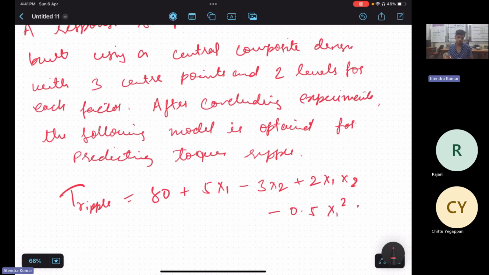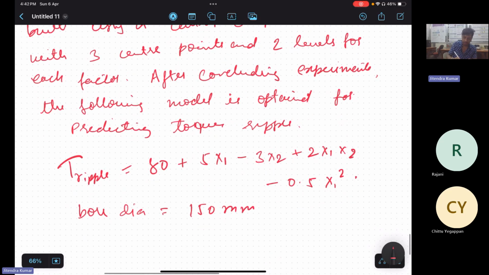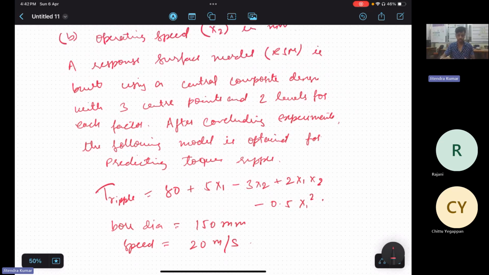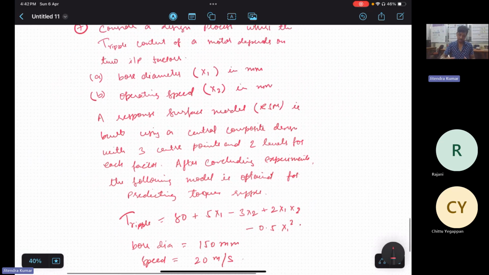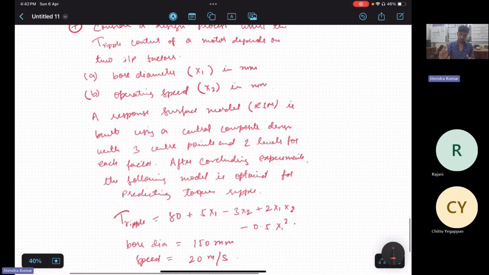Now, if you are given a certain bore diameter, like a bore diameter of 150 mm and a speed of 20 meters per second, can you calculate this torque ripple? Yes, sir. Okay, so please calculate it.